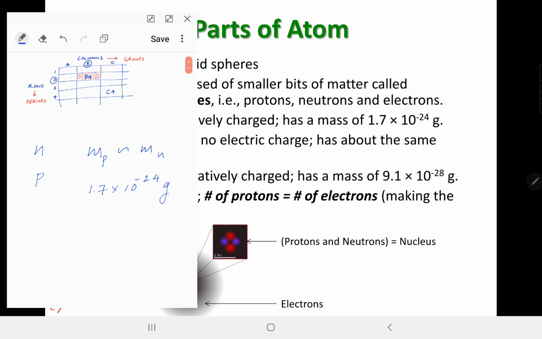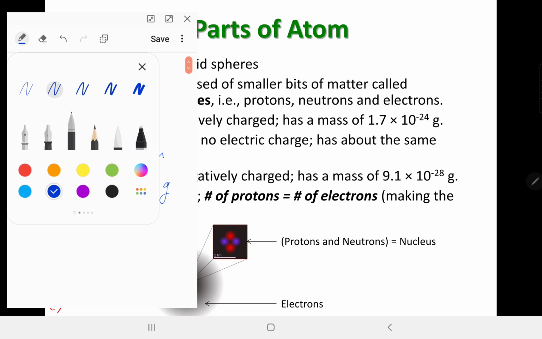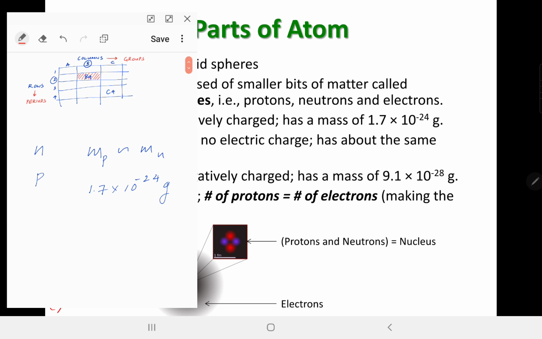So even though protons and neutrons are the heavier subatomic particles, their mass is not that high. It is approximately 1.7 times 10 to the power minus 24 grams, which is a very small mass.